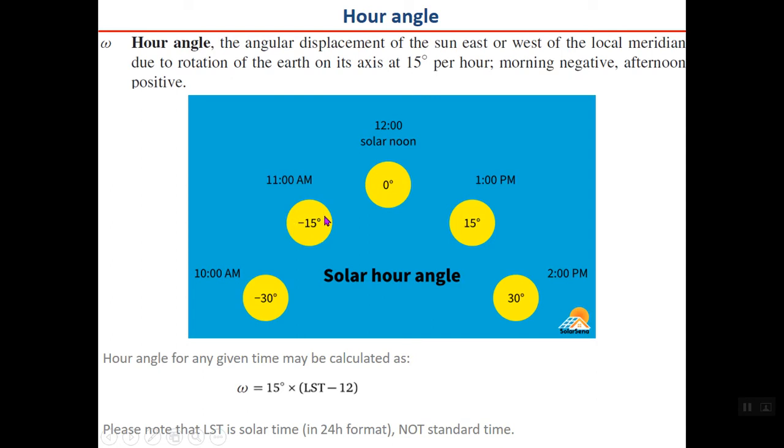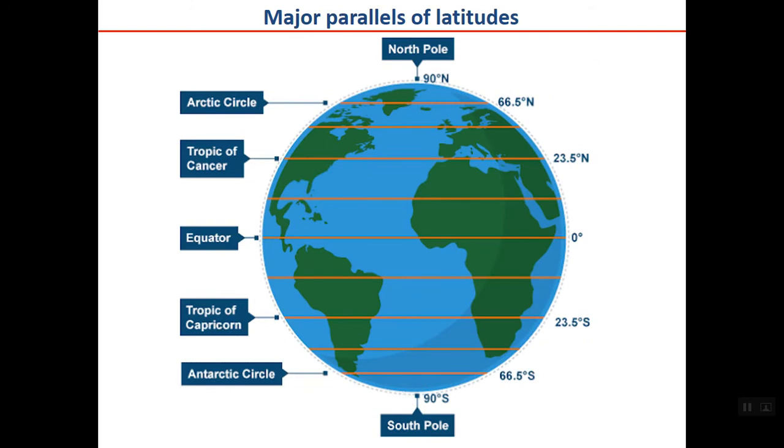If you hear that the hour angle is minus 15, the meaning is that we are 15 degrees before the solar noon, and it is 11 o'clock. You can calculate the hour angle if you have the solar time, or you can calculate the solar time if you have the hour angle by this formula, which is quite simple.